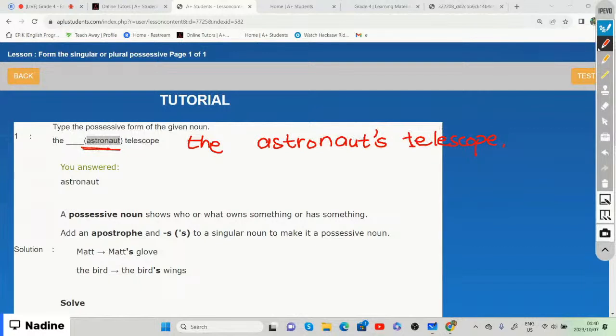So the astronaut's telescope, right? And there we added our apostrophe as well as our S to show that it is now a possessive form. It is now a possessive noun. So the astronaut's telescope, and we added the apostrophe and the S. Remember, if there's no apostrophe and S and it's only an S, then it is a plural noun.